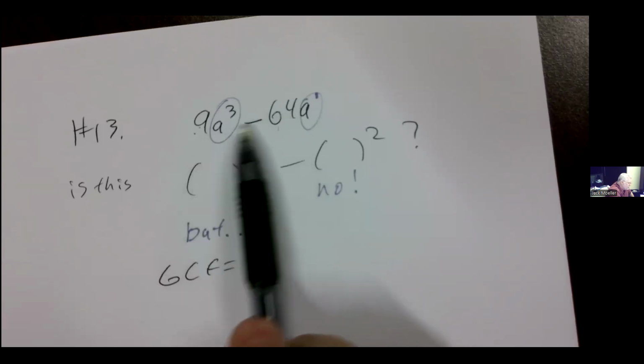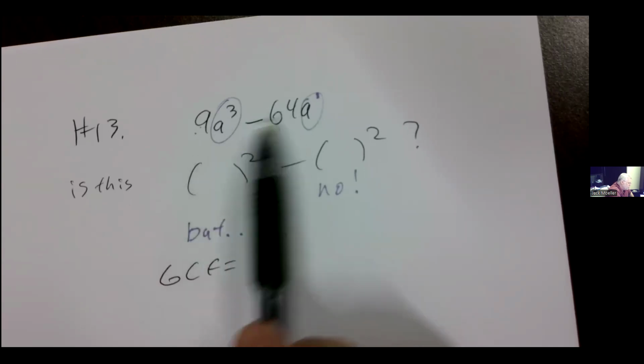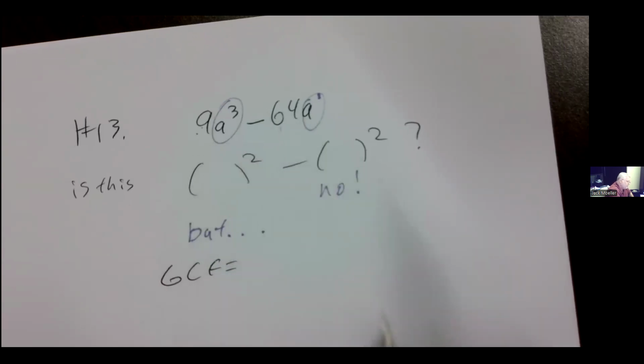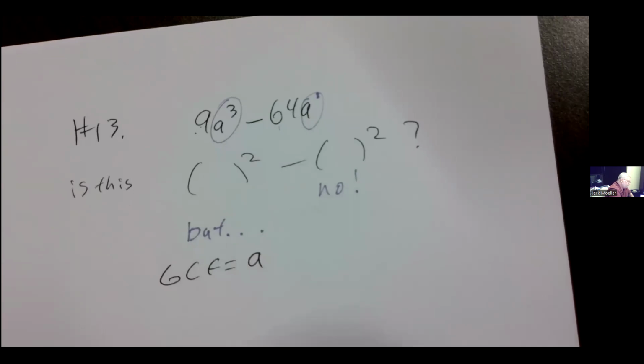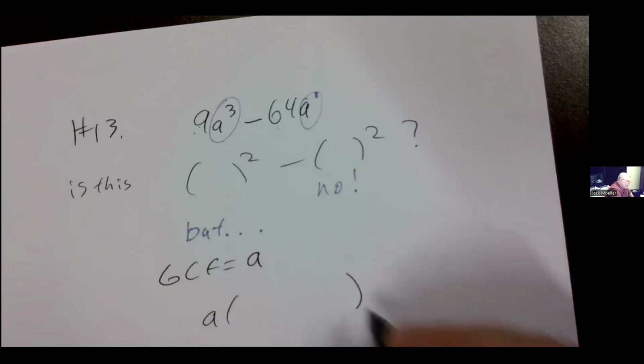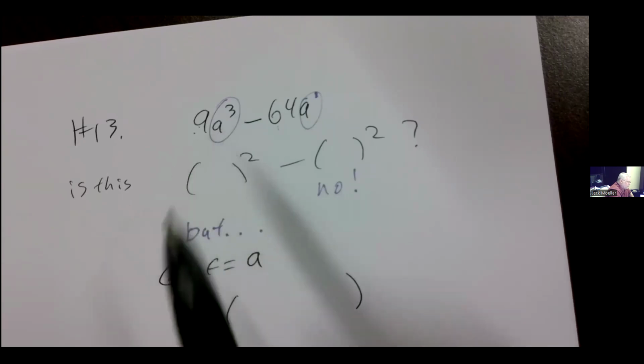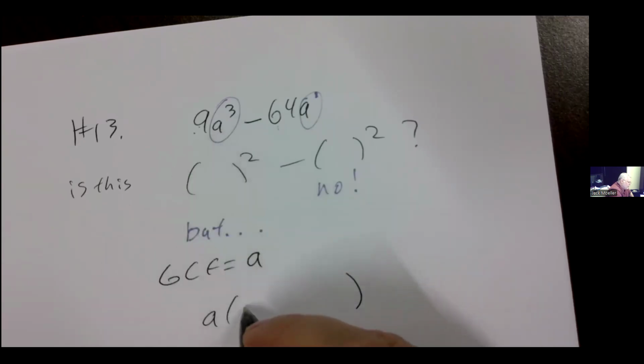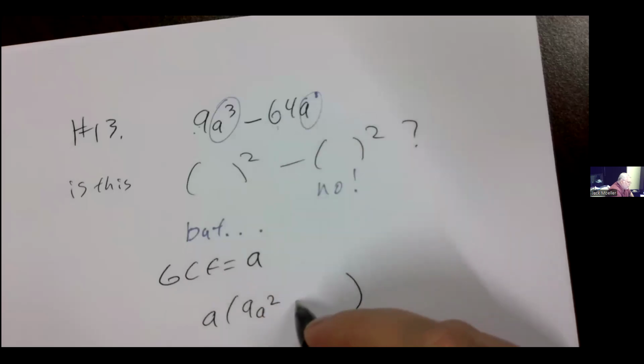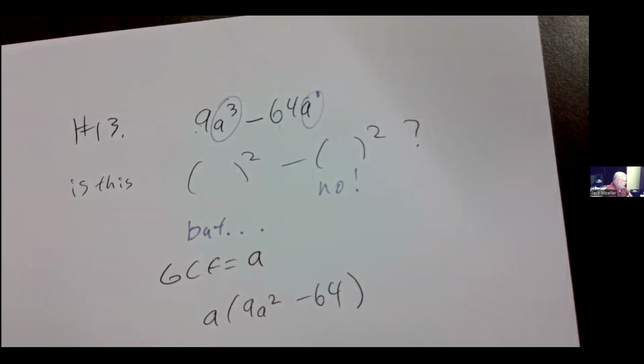Number wise, nothing, because there's nothing common between 9 and 64, but they both have an a. So when you factor that a out, what do you have left? Well, you divide both of those by a. So 9a cubed divided by a is 9a squared. And then when you divide a by a, it goes to 1.